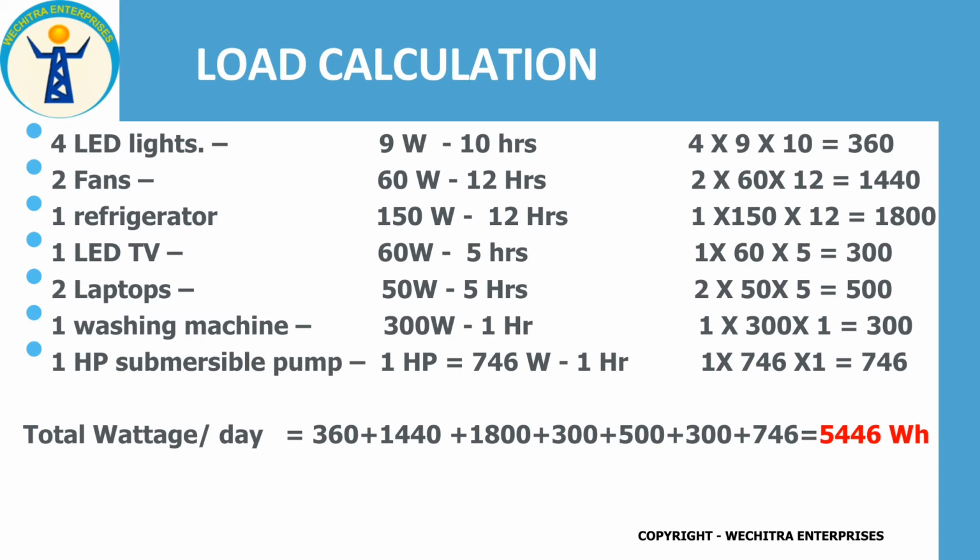So we multiply 4 lights with 9 and 10 hours, and we get 360. In the same way, we have 2 fans of approximate wattage 60 watt working for 12 hours. Multiplying them all, 2 into 60 into 12, we get 1440.